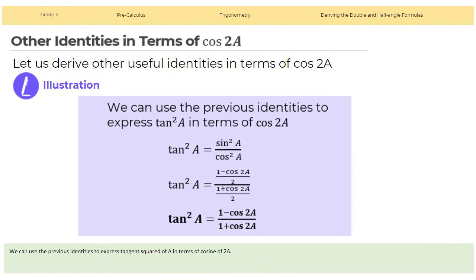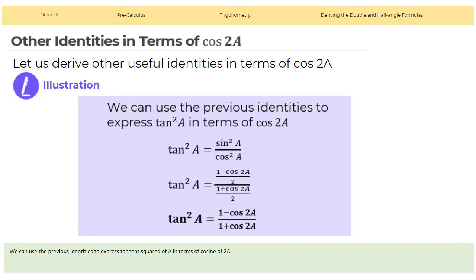We can also use the previous identities to express tangent squared of a in terms of cosine of 2a. So take a look. Tangent square a equals sine square a over cosine square a. So substitute 1 minus cosine 2a over 2 and 1 plus cosine 2a over 2 to sine square a and cosine square a respectively.